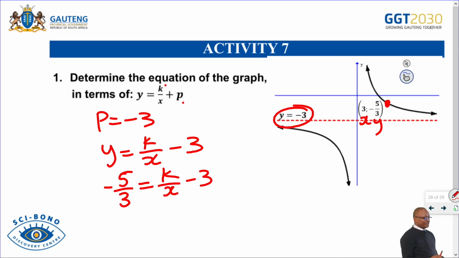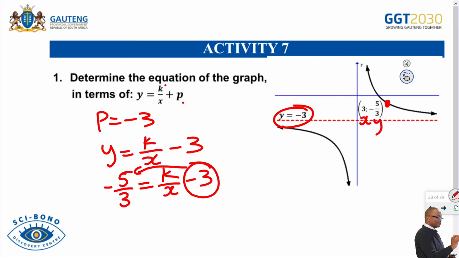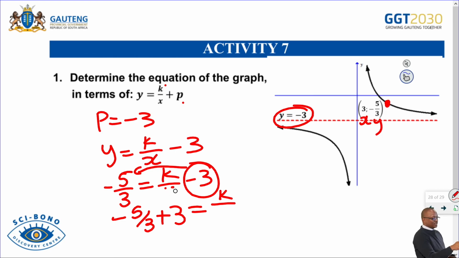So what will happen here? I will just take this -3 and transpose it. I will have -5 over 3 plus 3 is equal to k. Sorry, where there is y we put -5 over 3, where there is x we put 3. That's how we substitute.